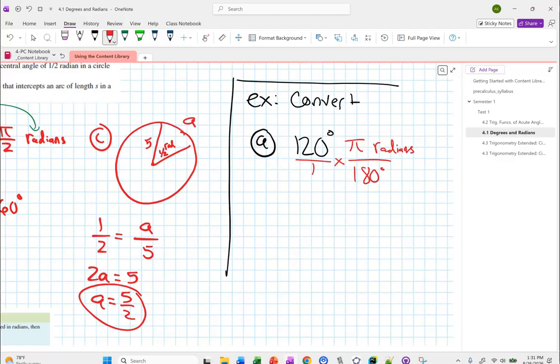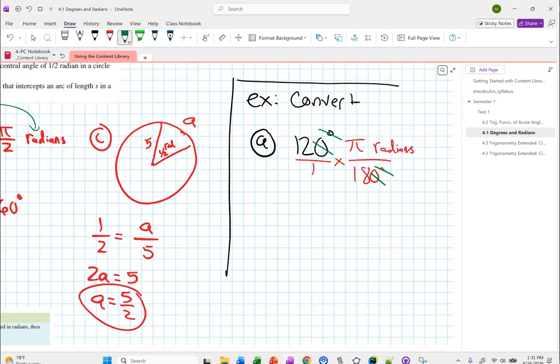Everybody feel good? Okay. The degrees cancel. And I'm going to try to reduce the 120 over 180. So real quick, I can look at that and go, okay, well, they both have a factor of 10 in them, so let's reduce the 0 off the ends.